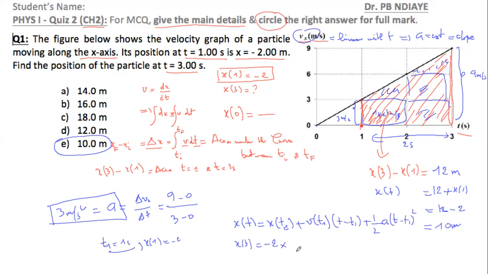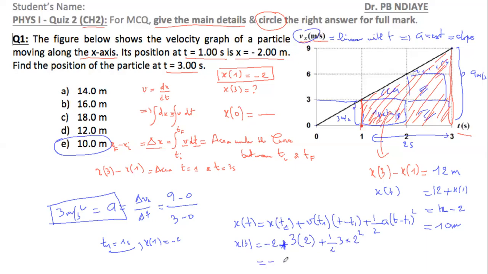At t1, the velocity is 3, you can see it here. Times t minus t1, so 3 seconds minus 1 second, that's 2 seconds, plus 1/2 of 3 times 2 seconds squared.